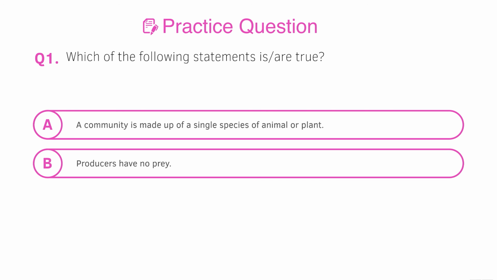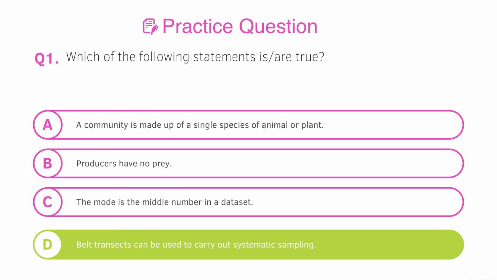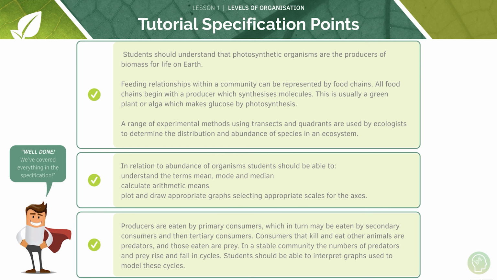That is true. Remember, producers are right at the bottom of the food chain, so they have no prey. C, the mode is the middle number in a data set. That is false, that's our median. And D, belt transects can be used to carry out systematic sampling. Also true. So well done for today.